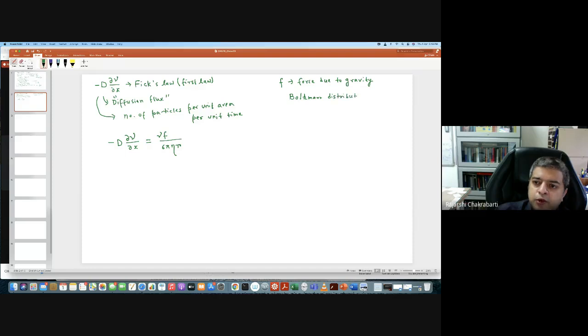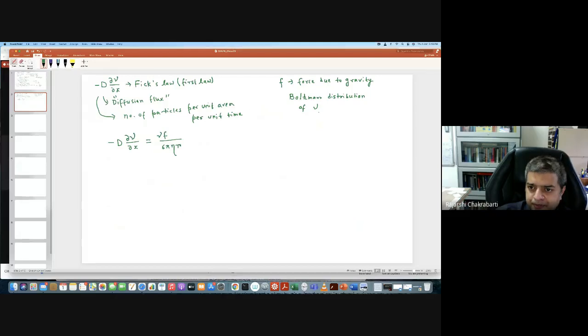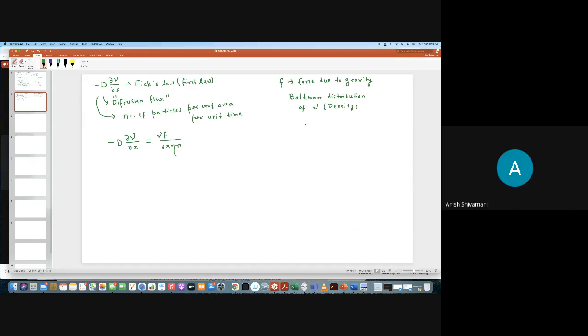Now, what is the Boltzmann distribution of this nu? Remember, nu is the number of particles per unit volume. This is density, nothing but density, no? Can anyone tell me how this density will vary with height? That is given by the Boltzmann distribution. It is e to the negative beta times the potential due to gravity.